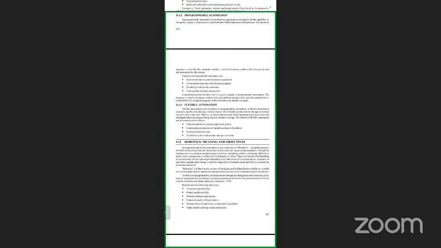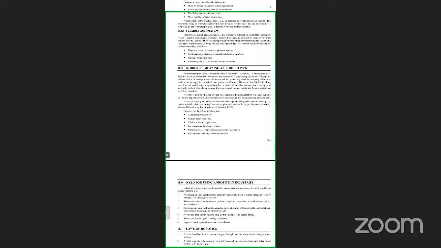And next comes robotics, its meaning and objectives. Robotics is a multidisciplinary field which involves mechanical, electronics, and several other engineering disciplines.